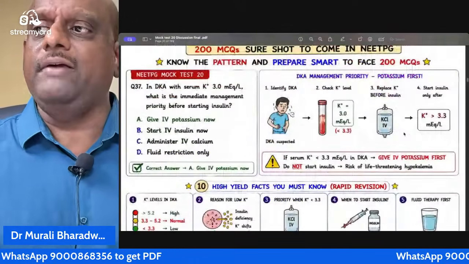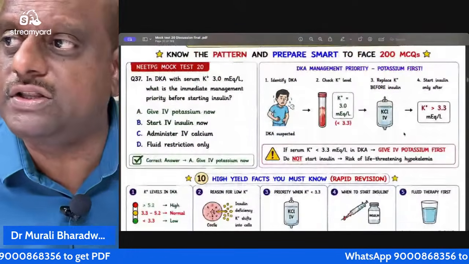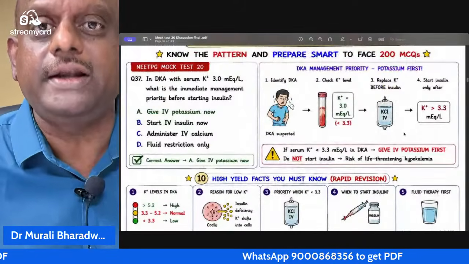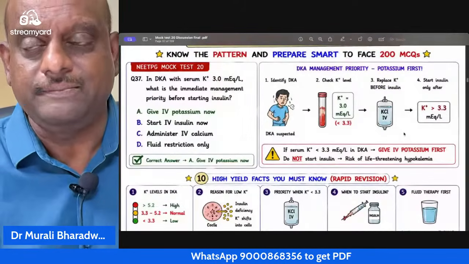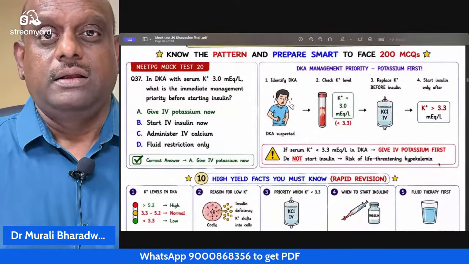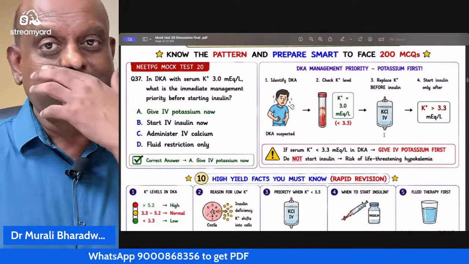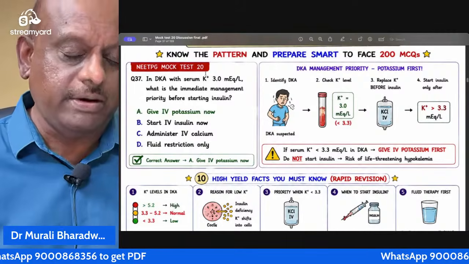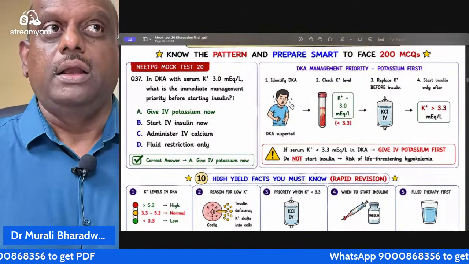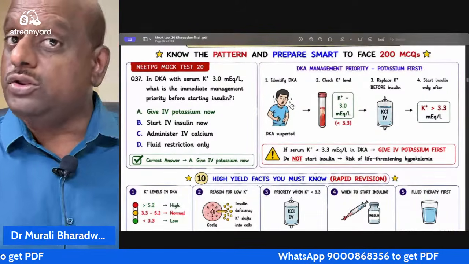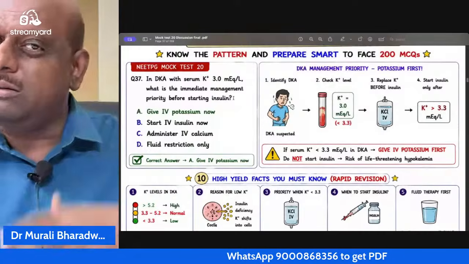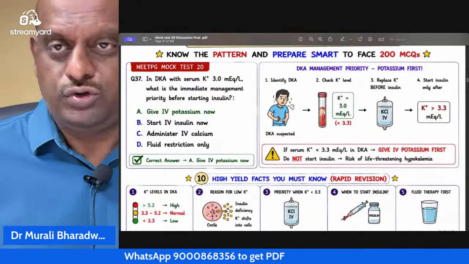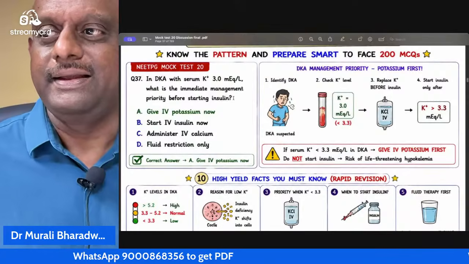In the DKA, when the serum potassium is 3.0, what is the immediate management priority, doctor, before you start insulin? Always remember, those who have diabetic ketoacidosis, even though their total body potassium is low, all that is outside the cell due to insulin deficiency.